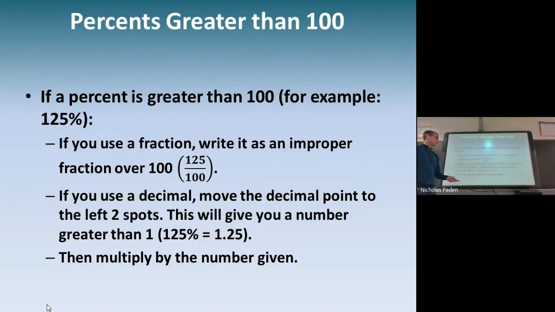We move the decimal point 2 spots to the left to get 1.25. So if the percent is greater than 100%, your fraction or your decimal is going to be bigger than 1. And then you would multiply that number, that fraction, that decimal by the number that's given to you. Okay, so that is using whichever method we want to use to find the percent of a number.